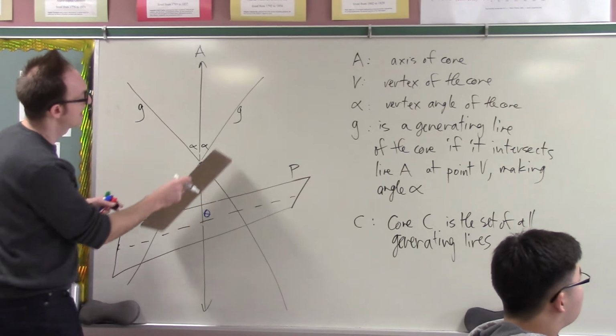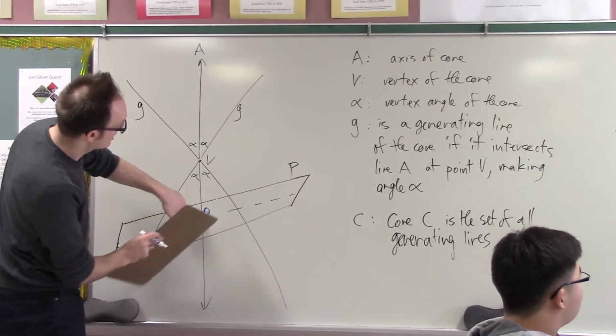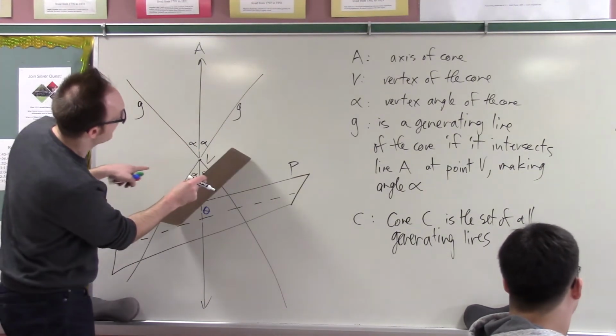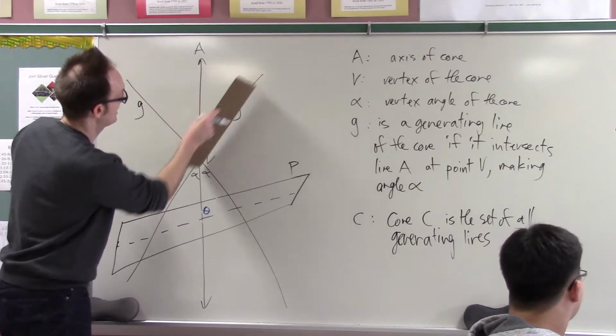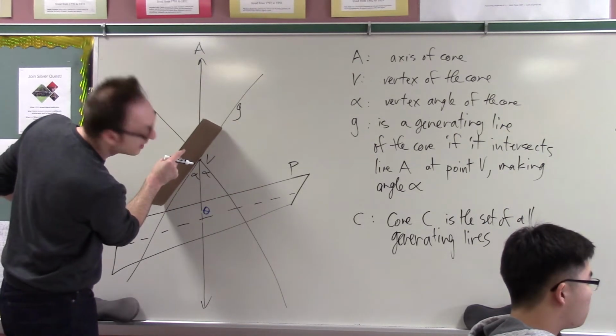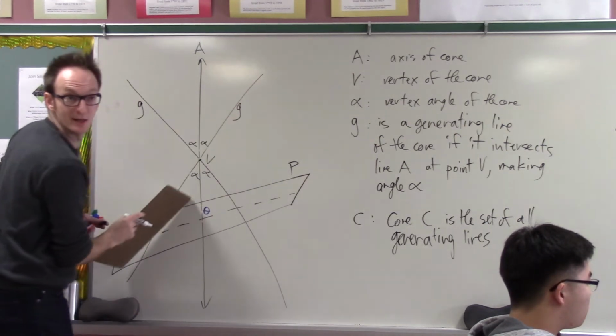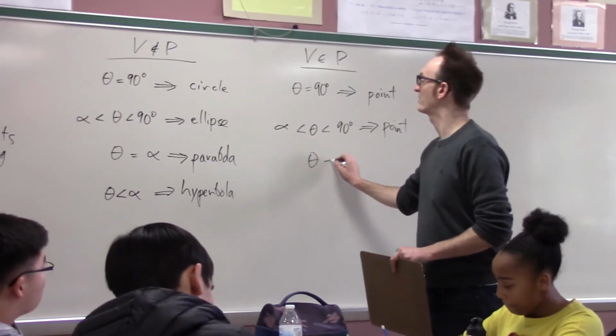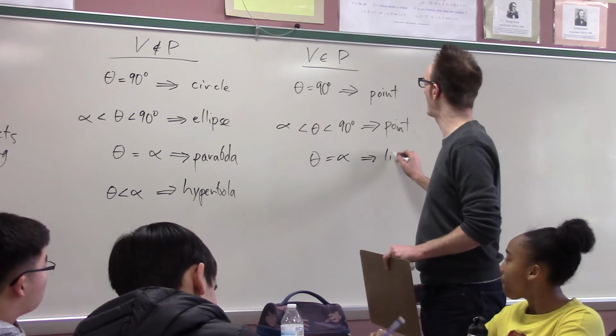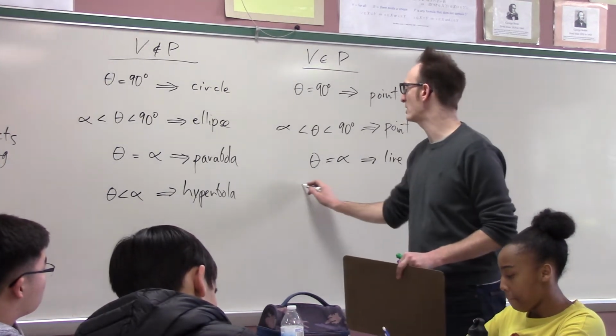What happens if the angle theta equals the angle alpha, but also the plane goes through V? Then we get a line, right? So if theta equals alpha, then we get a line. And this is the one that's hardest to see.